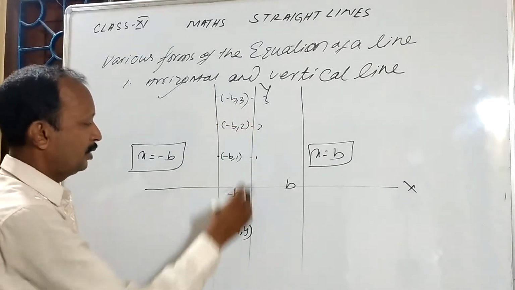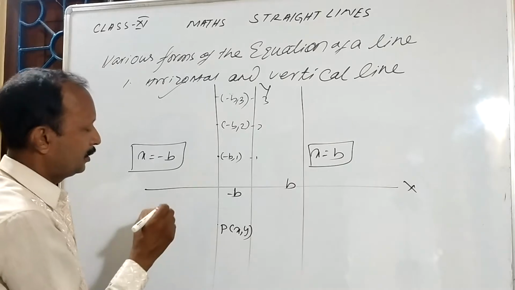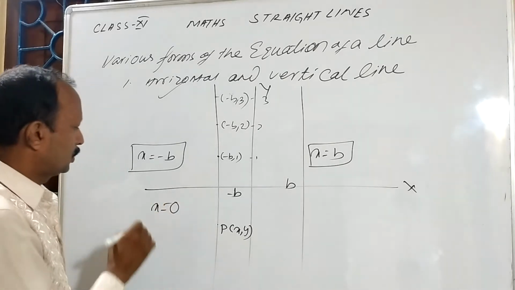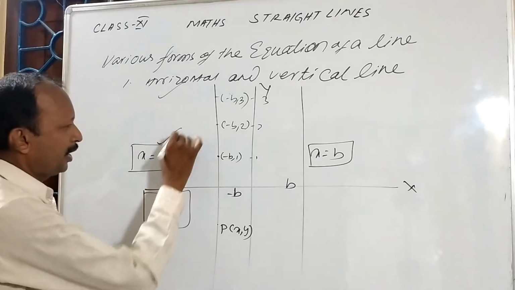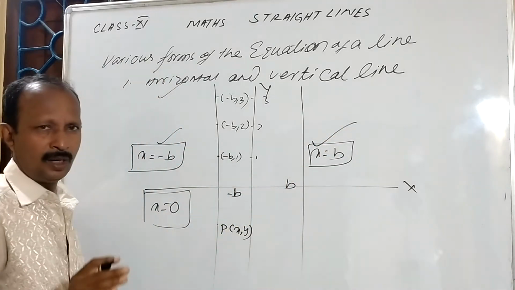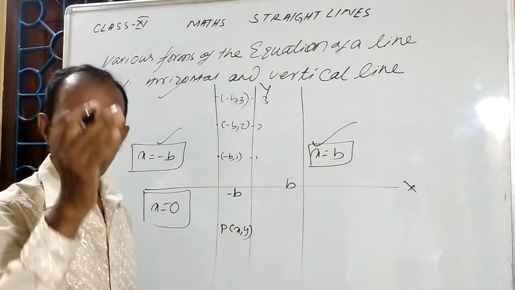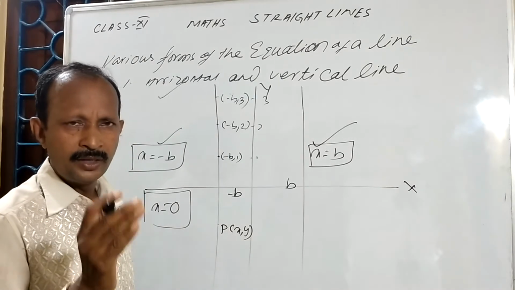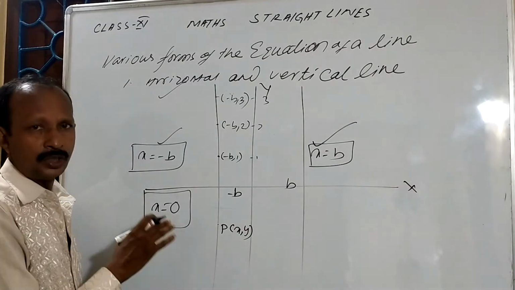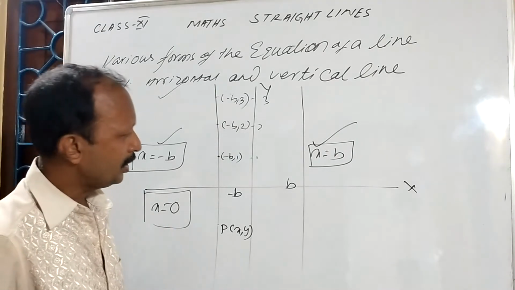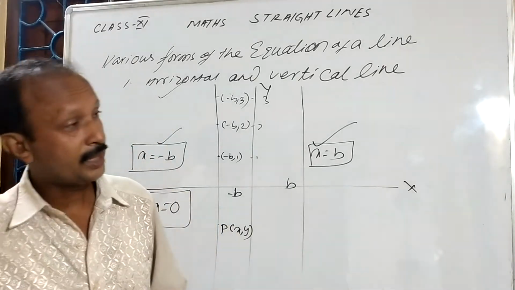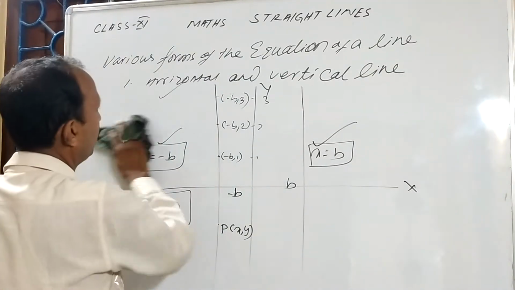The equation of the y-axis is definitely x equal to 0, which we have studied in the earlier classes. So this is about the horizontal and vertical line.